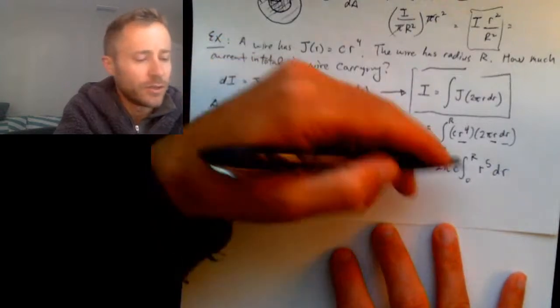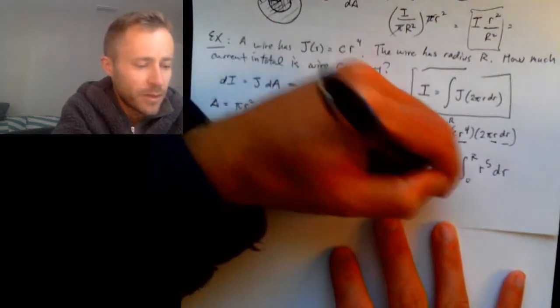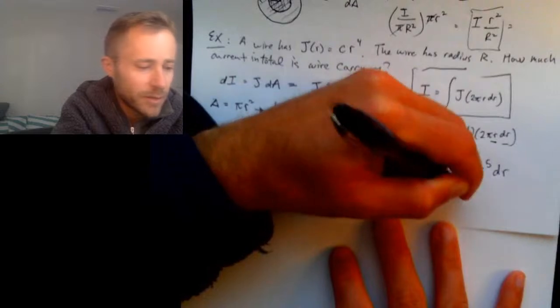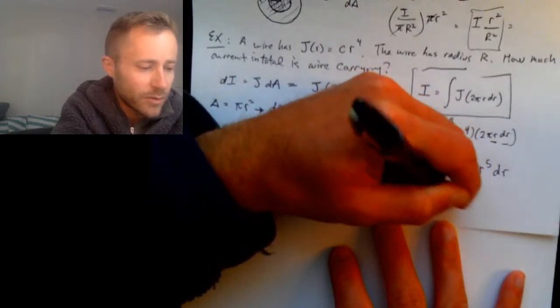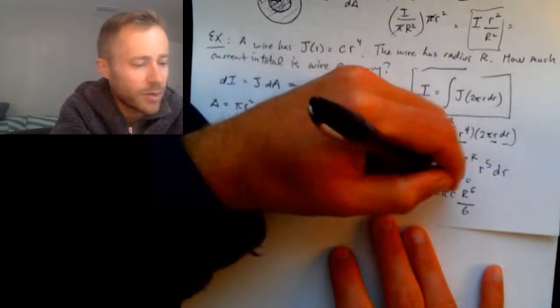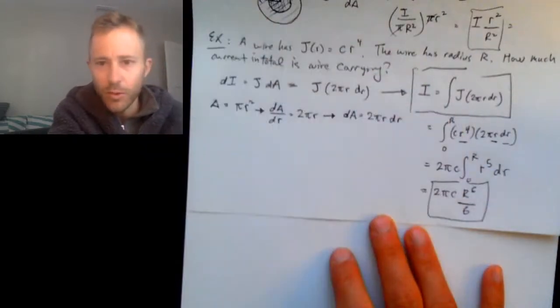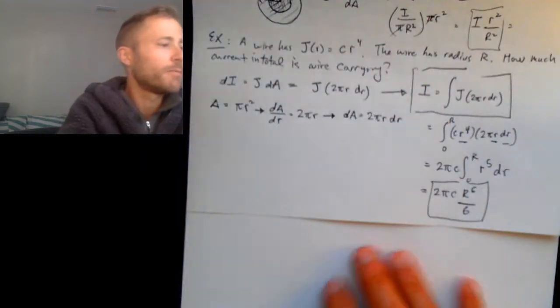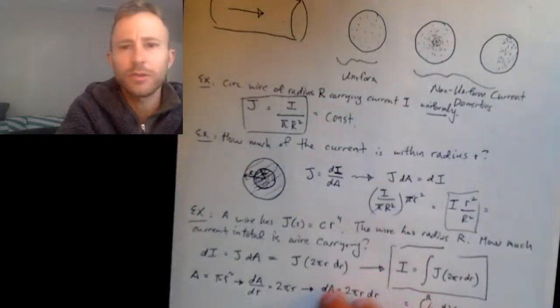And this gives us 2 pi c big R to the 6th over 6. So that would be our answer for the total amount of current that's carried by that wire.